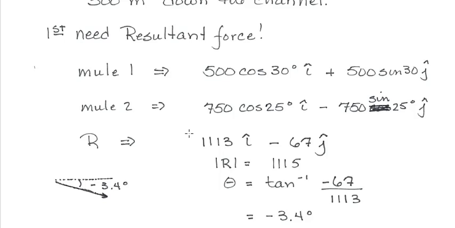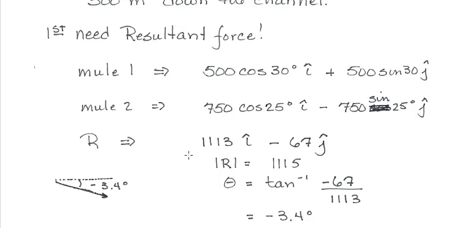And the resultant force in this case is 1,113 newtons in the i direction and negative 67 newtons in the j direction, for an overall magnitude of 1,115 newtons at an angle of minus 3.4 degrees. So these two, even though they're unequal forces, are giving us mostly the downward direction of the channel.